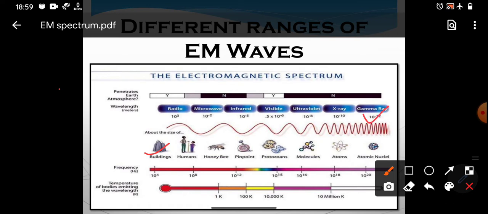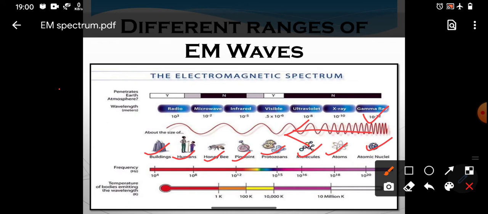Gamma rays are very small in size, the wavelength is very small, nearly equal to an atomic nucleus, and as we go towards this side, slowly the size of the wavelength increases. For comparison these things are given, and the frequency also changes as we go from the gamma ray side to the radio wave side.